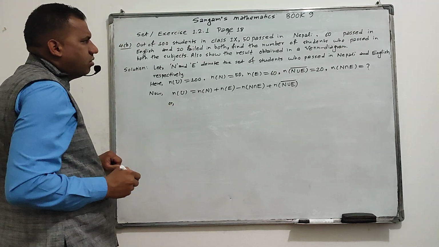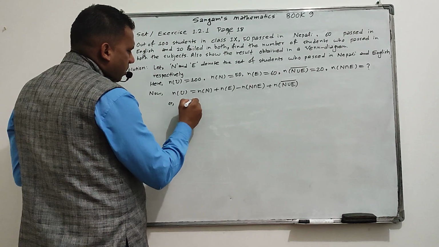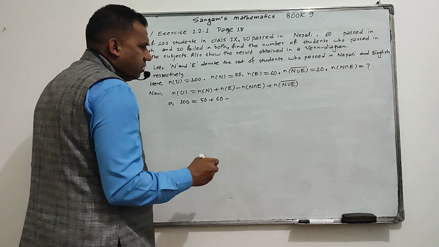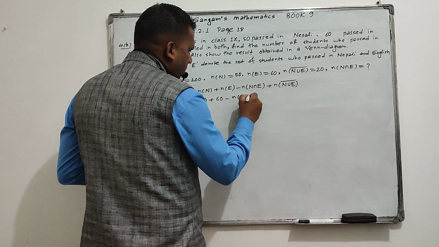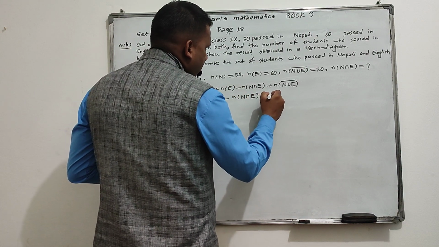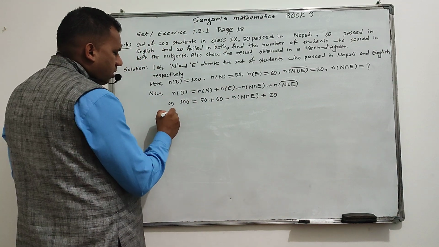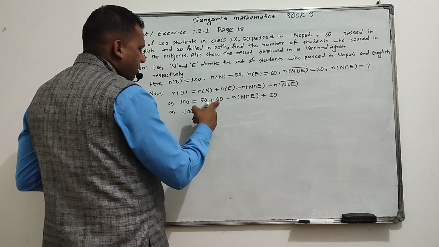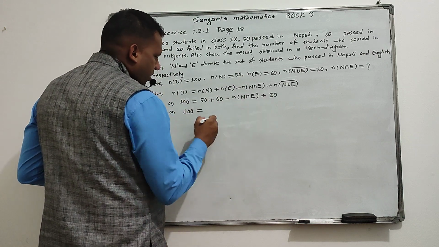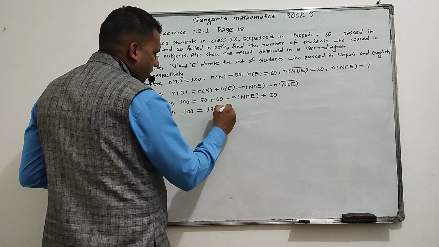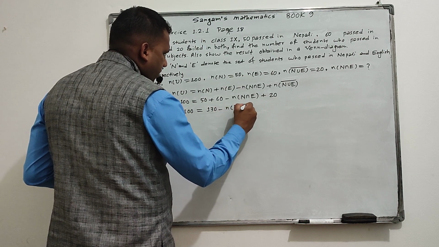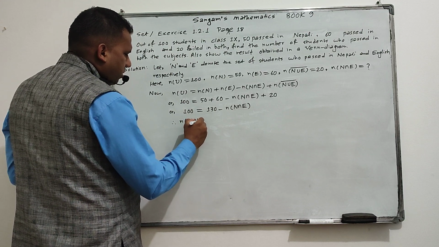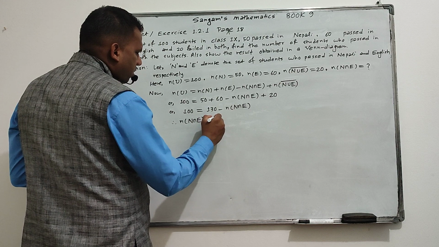Now putting values, 100 equals 50 plus 60 minus n(N intersection E) plus 20, or 100 equals 110 plus 20, 130 minus n(N intersection E). Therefore, n(N intersection E) equals 30.